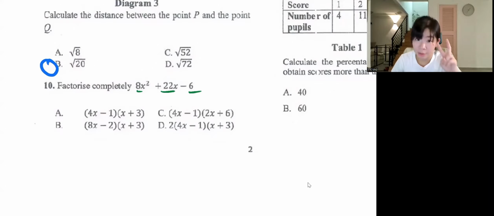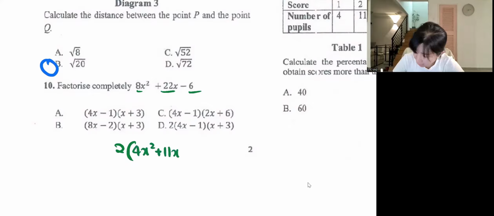Everything can be divided by 2, isn't it? So we factorize. We take out the 2. We get 4x squared plus 11x minus 3. So the 2, you have to keep it outside. You cannot remove the 2. So there's only one option with the 2 outside, which is D.